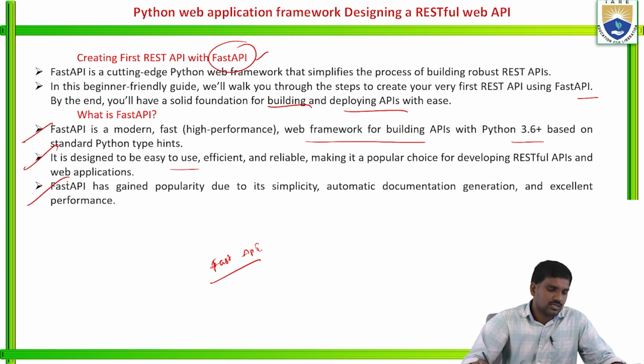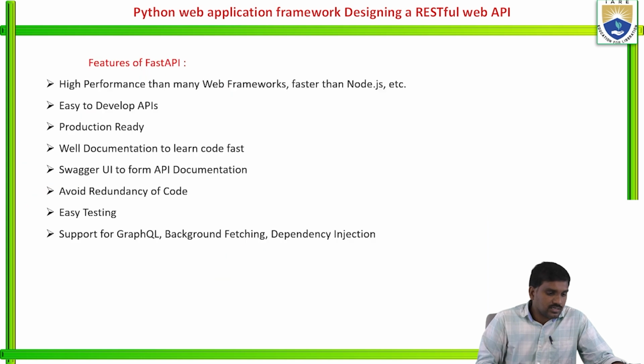Here we have 3 points. The main one, what is modern? It is a modern high-performance web framework for building APIs. Next, what are the features of FastAPI? It is higher performance than many web frameworks, faster than Node.js.